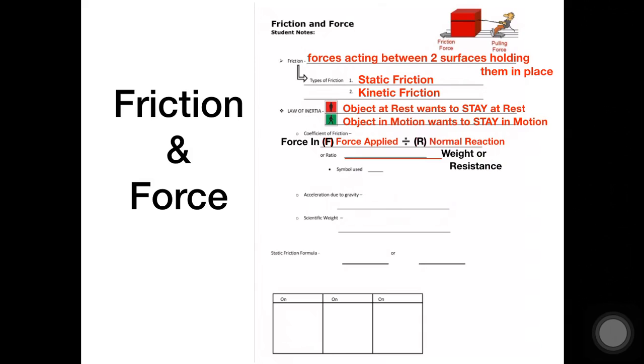For these purposes, we are also going to call the normal reaction, the weight or resistance, scientific weight. So your R is going to be what we will call scientific weight. The normal reaction is the scientific weight. Scientific weight is a little bit different than just weight. We'll see that in just a minute on down the page.